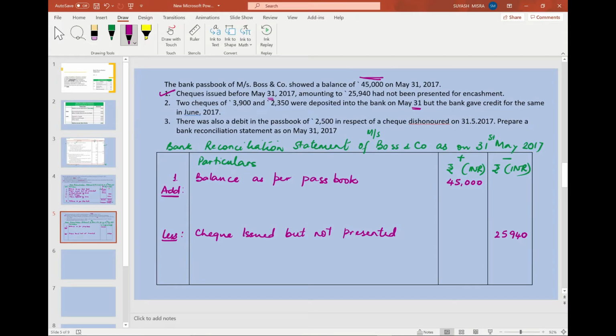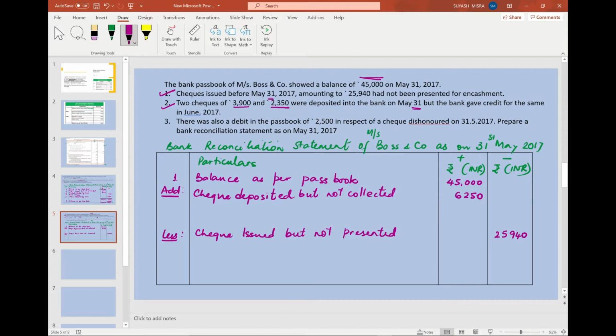So I would add back check deposited but not collected by bank. If you add these two, 3,900 plus 2,350, you get 6,250. Add these two. And then this we have done.